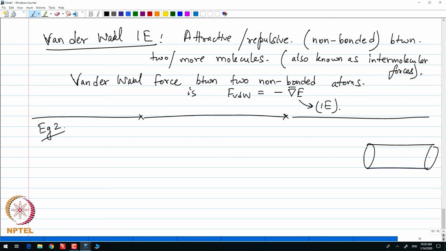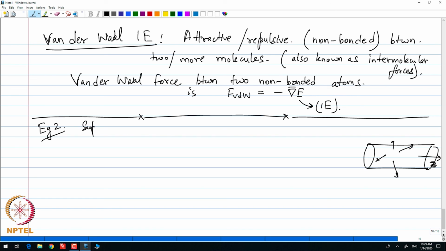So, these are all cylindrically symmetric objects, and I want to find the van der Waal force of the carbon nanotube with its surrounding objects. Note that due to cylindrical symmetry, the radial components of the force completely balance out each other, and the only force that we will have will be along the axial direction or Fz, right.